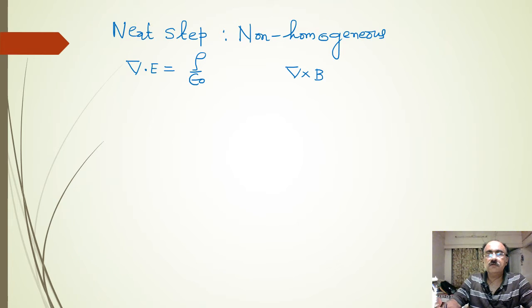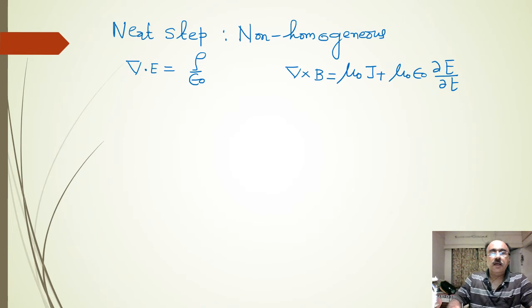Curl of B equal to mu 0 into J plus mu 0 epsilon naught del E upon del t. These are the two non-homogeneous equations with sources.